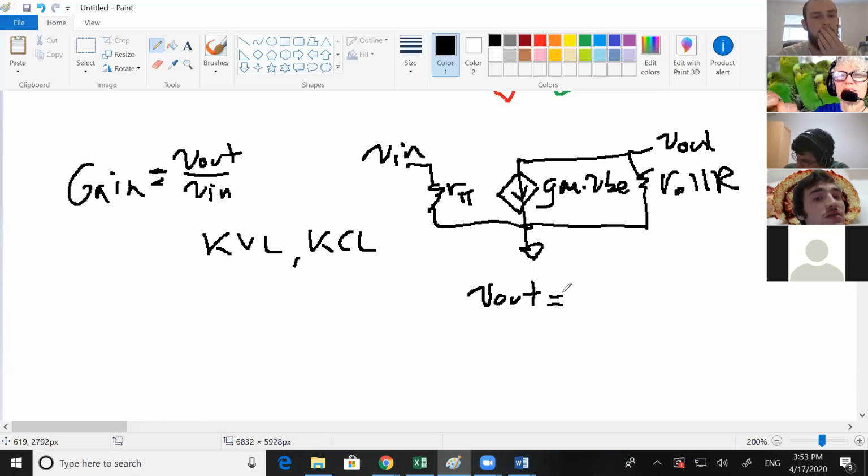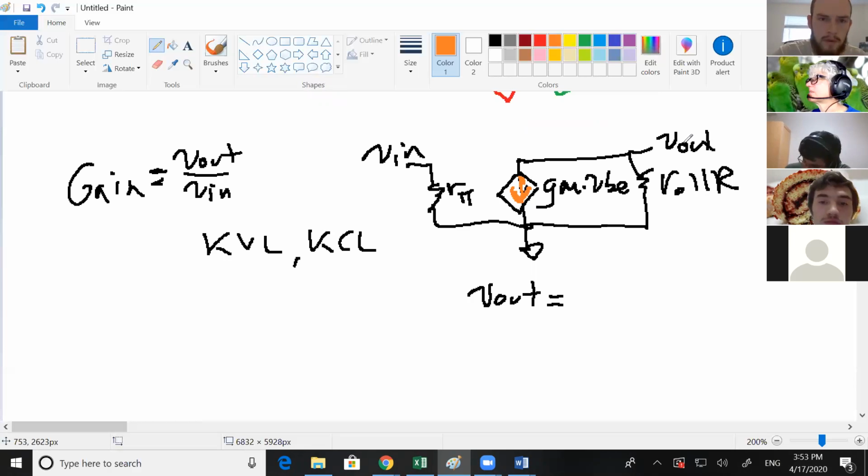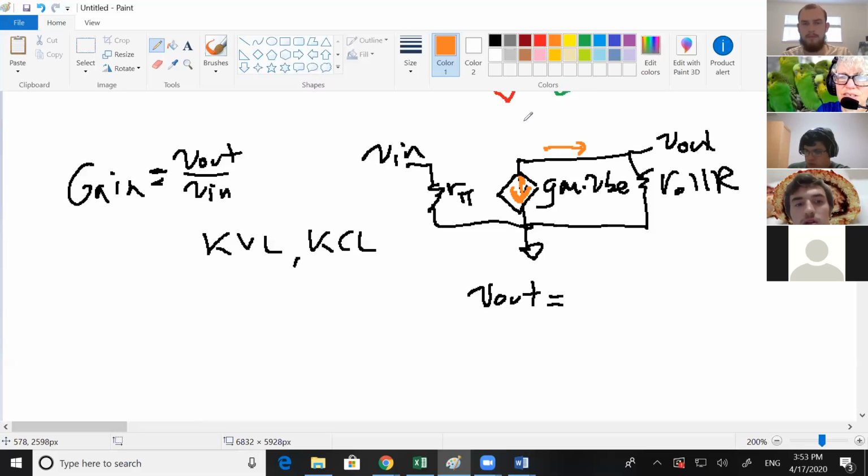Hint number one, this current source is defined as positive in this direction. Assume no current goes out V out. So what's the current going in this direction? Negative g_m v_be. Yes.